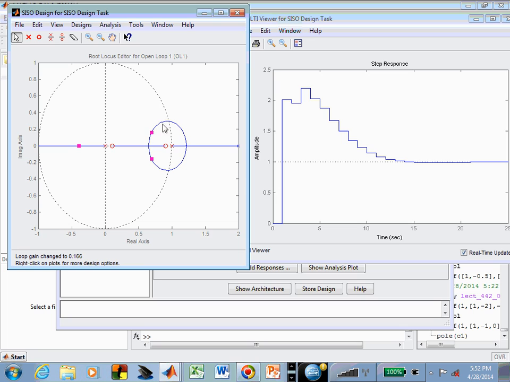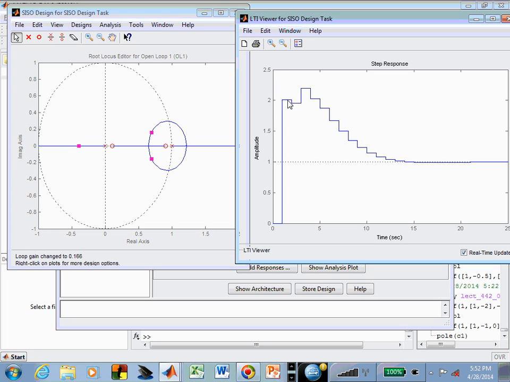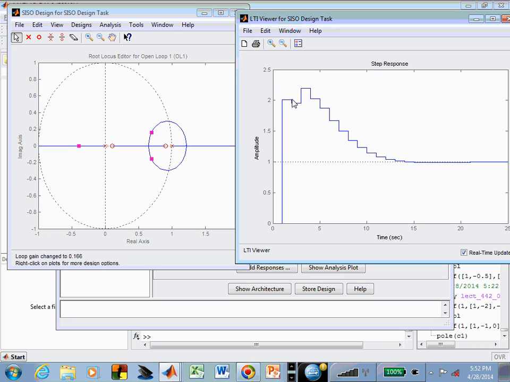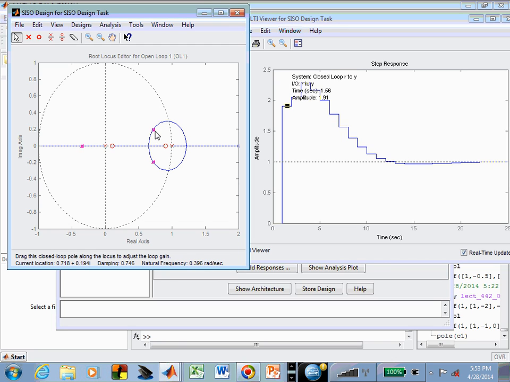And you can look at different points. You could left mouse click or right mouse click on that. Oh, my mouse isn't. Left mouse click, and now I've set it on the amplitude, and I can see that the amplitude is 2. And I can go over here and say, well, I don't like that. Maybe I want to reduce it a little bit.